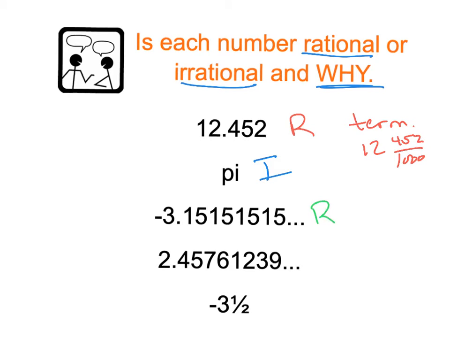This is rational because it is a repeating decimal. And the last one, 2.45761239. This is irrational because it is non-terminating and non-repeating. And the last one, negative 3.5. This is a rational number because we can write it as a fraction.